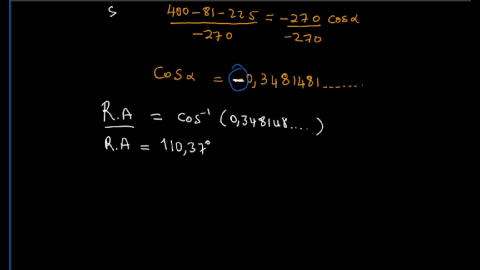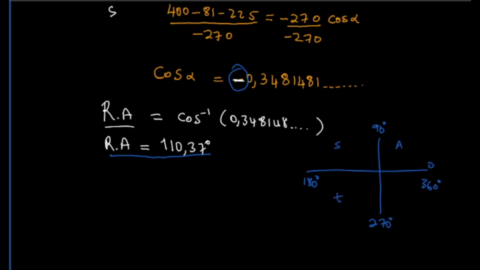This is not the angle that we are looking for, but this is our reference angle. So on my Cartesian plane, this is 0, this is 90, this is 180, 270 and 360.